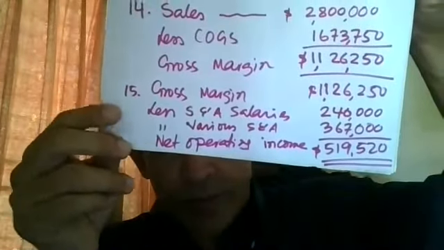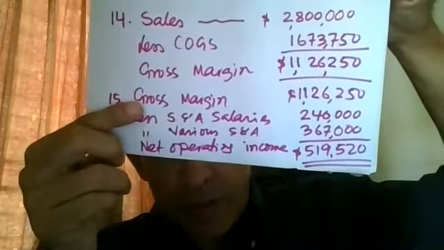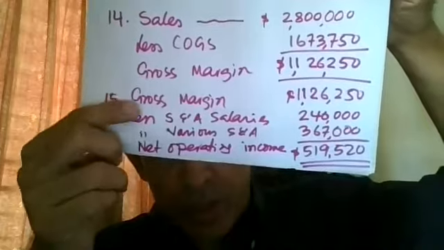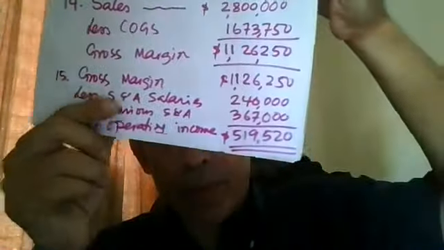One was selling and distribution. Now we just call it selling expense. Another is general and admin expenses. Now we just call it admin. So minus selling and admin expenses. So let's see how much that is. That's number 5. We already have our gross margin from the previous question. So gross margin minus selling and admin expenses.